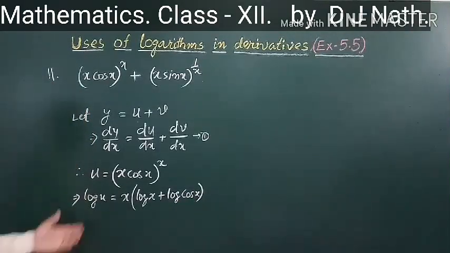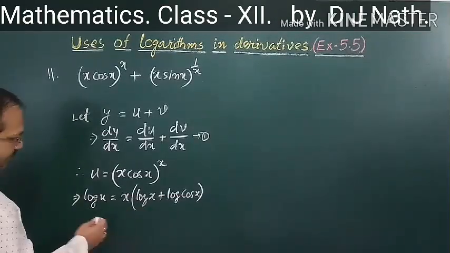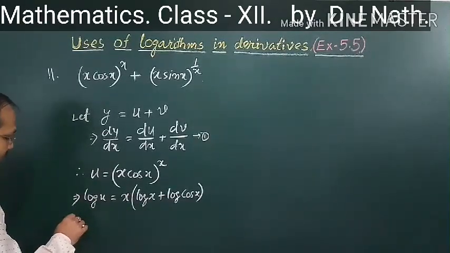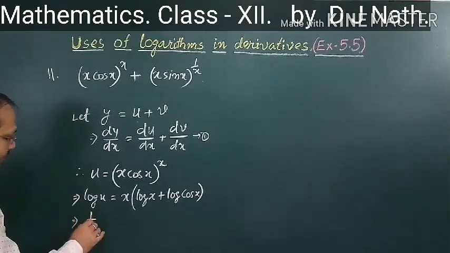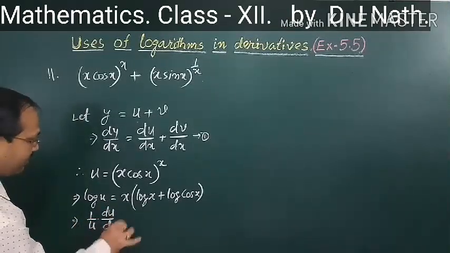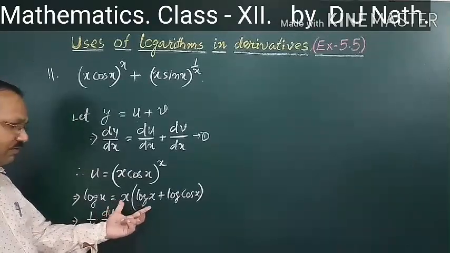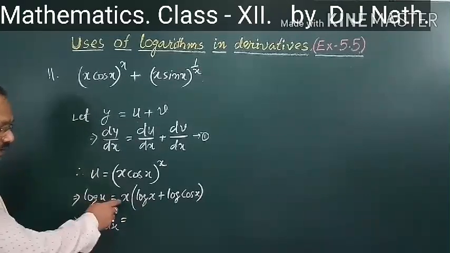Alright? So now we can do the differentiation. Differentiating both sides, what we will get? 1 by u du dx is equal to, now here, differentiation of x into this one. This is one term, this is another term.